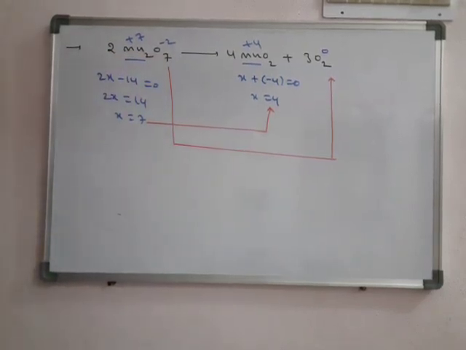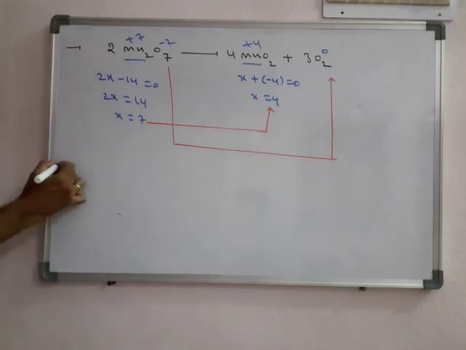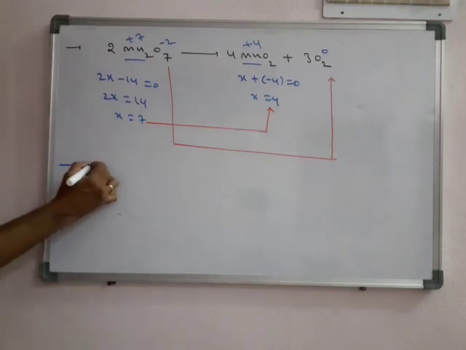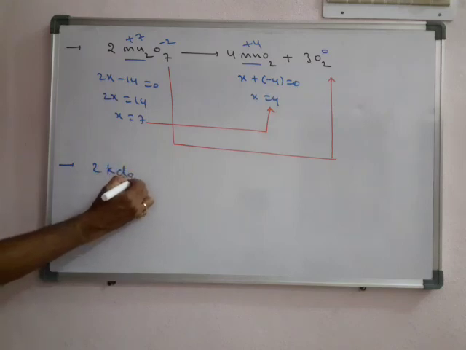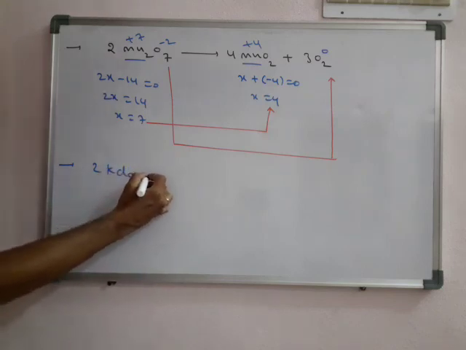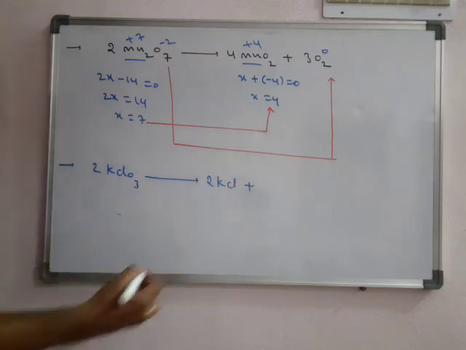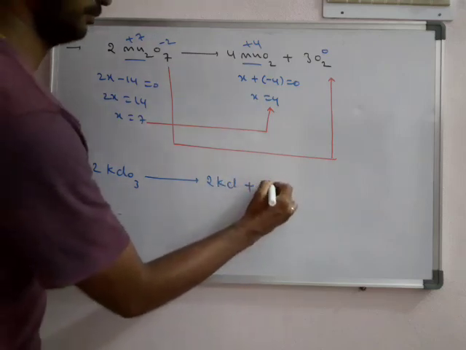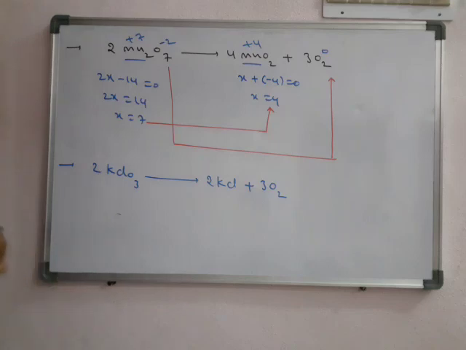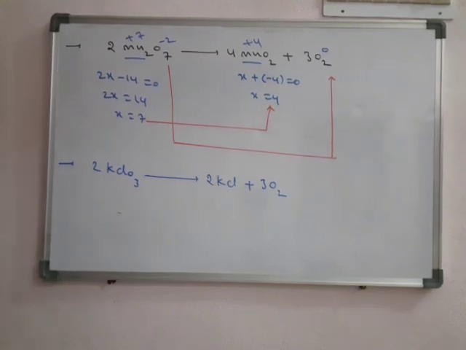We see the last example. Okay, already we know this is the decomposition of potassium chlorate. So what is the purpose of this reaction and what is the main importance of this reaction?